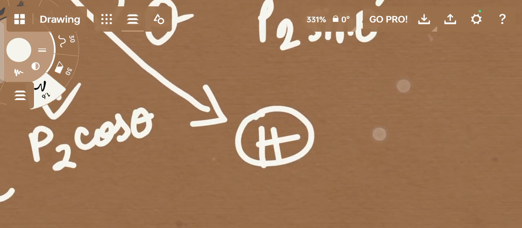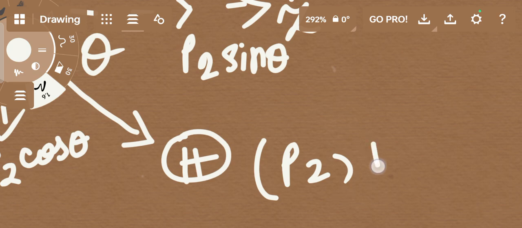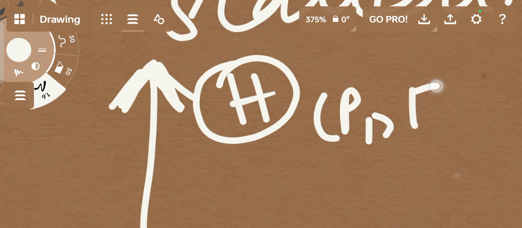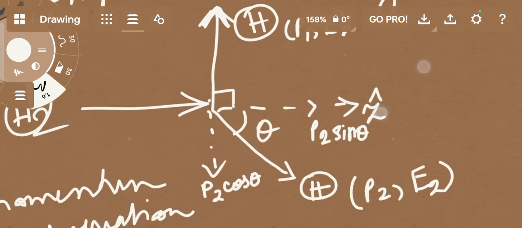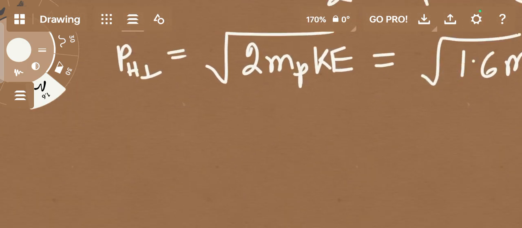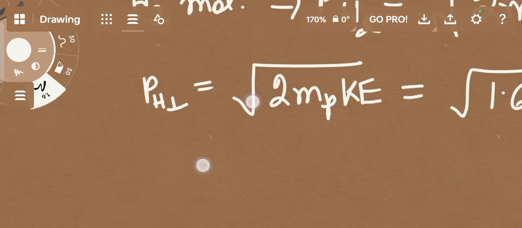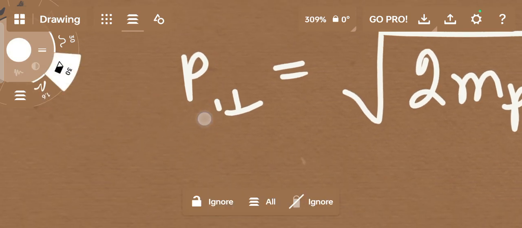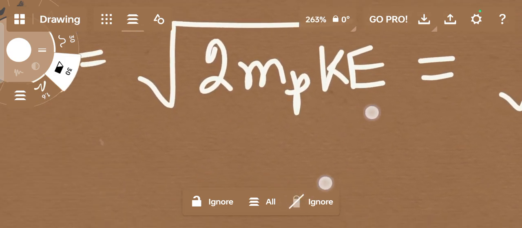We are taking this as momentum p2, energy E2, and this as momentum p1, energy E1, just to simplify the problem. Let us just make it p1, that's easier.